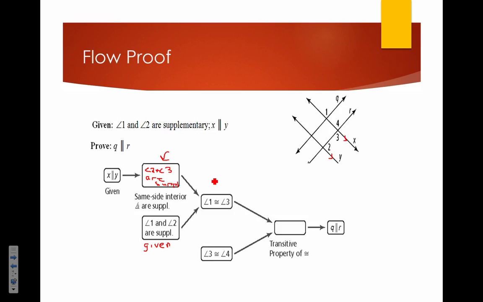Those two put together give us that 1 is congruent to 3, and that would be by the congruent supplements theorem. It basically says if an angle is supplementary to two different angles, then those angles are congruent. Then 3 is congruent to 4, so right now we've got 1 congruent to 3, and I'm going to mark it.